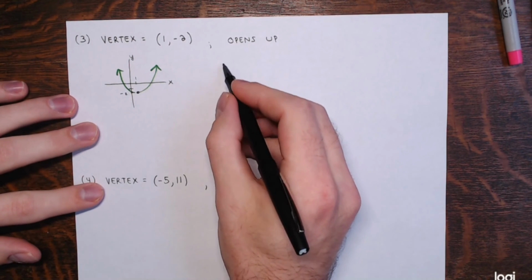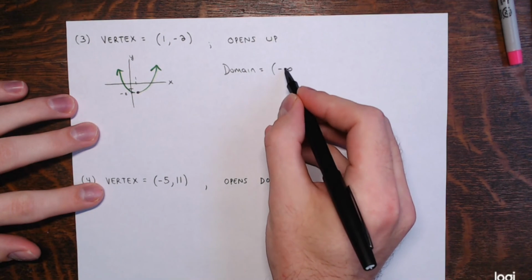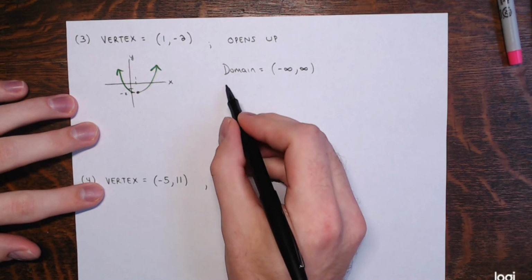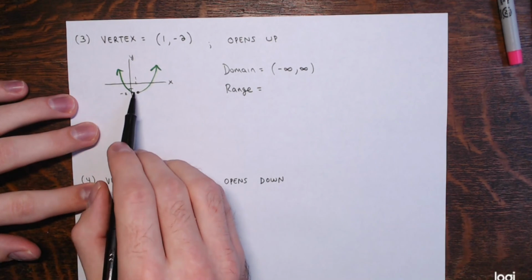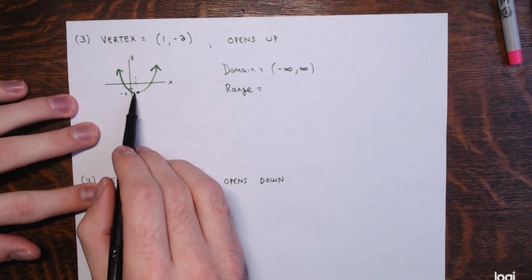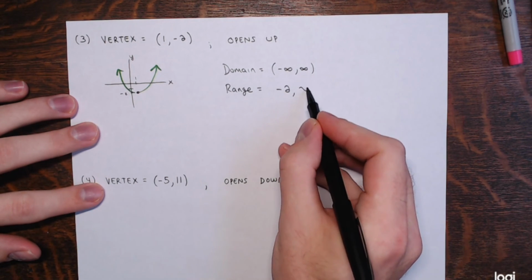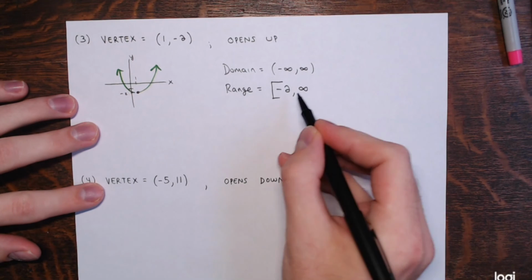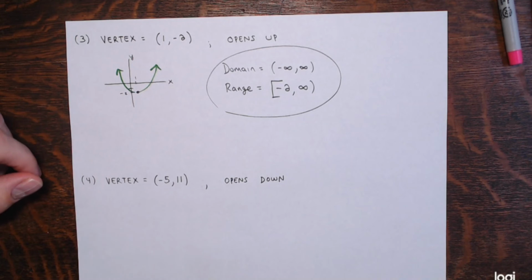Well, again, the domain, all real numbers. The range, though, would be from -2 and up. Right? -2 is the lowest y coordinate being used, and everything above it is used. So from -2 to infinity, bracket on -2 and parentheses on infinity, and there you go. Very, very easy.